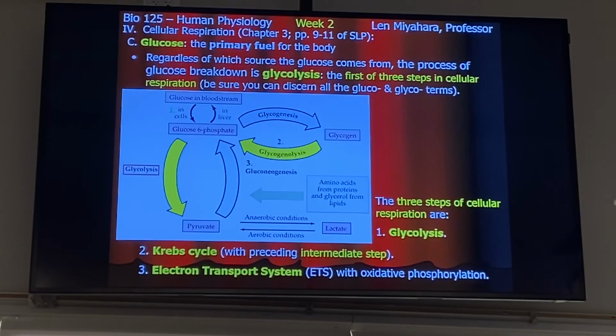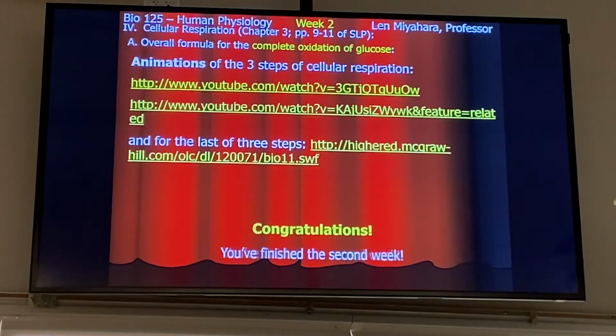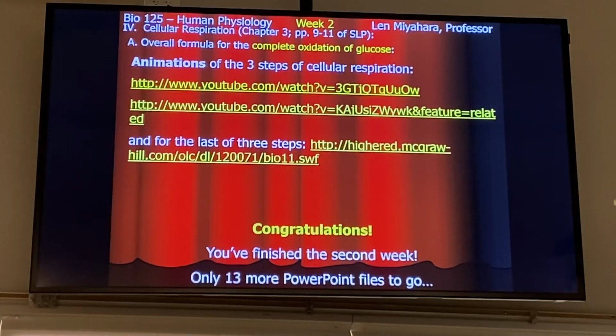Everybody got the 3 stages? Those are the 3 stages right here. Glycolysis, Krebs cycle, it does have a preceding linking step, and then electron transport system. And you might want to check, and if any of these links don't work, let me know.